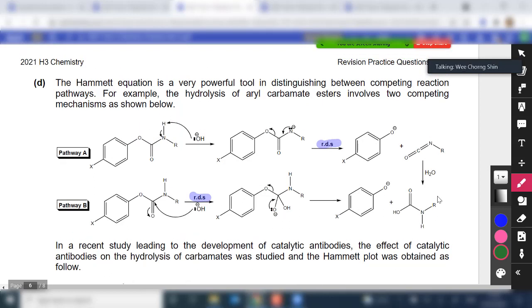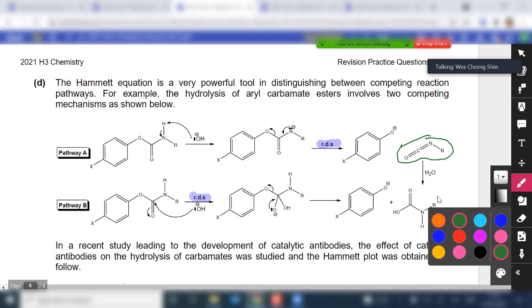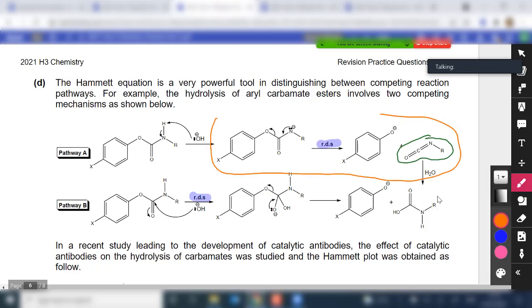And then after that, the electron density gets pushed, or rather, the small molecule gets expelled. Now, people, important thing to take note of. In this process, because this is the rate determining step, what do you notice?